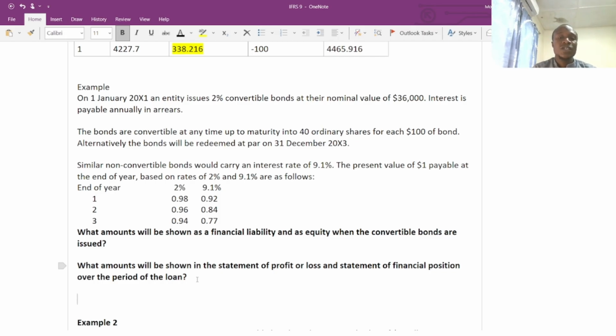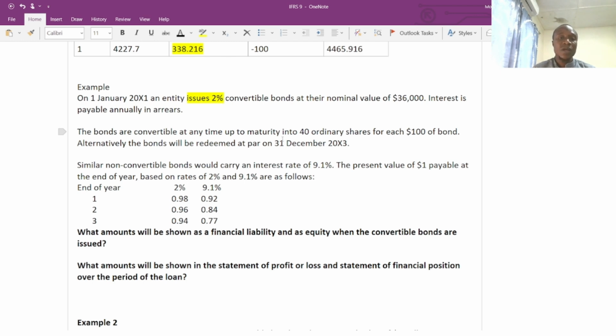So now on 1st January 20X1, an entity issued 2% convertible bond. So the 2% is the coupon rate or the nominal rate. So we are going to calculate our cash flow using 2% multiplied by the nominal value to determine the actual cash that we are going to pay. 36,000.